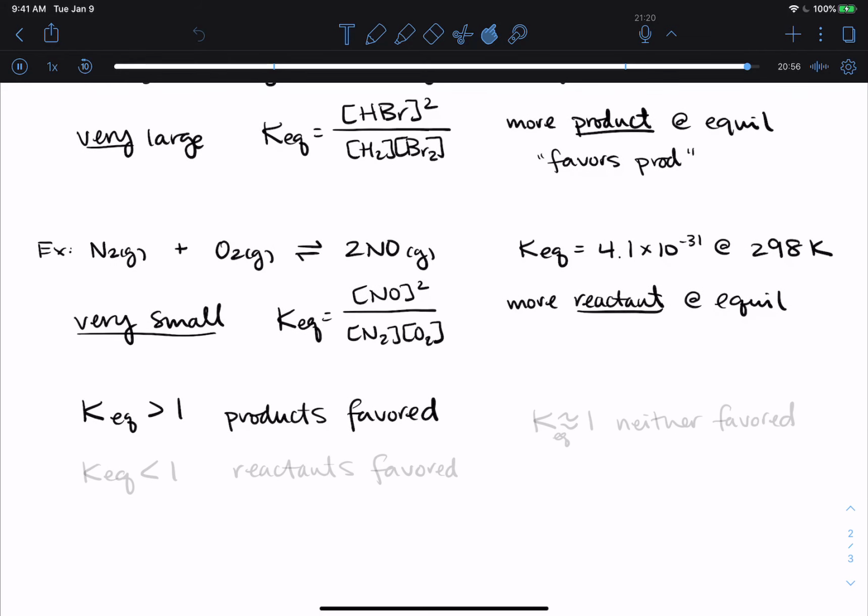If you have a KEQ less than 1, the reactants are favored. And just so that we have everything covered, if you're in the middle, KEQ is about equal to 1, well, neither one of them is favored. You have kind of an equal balance going on.